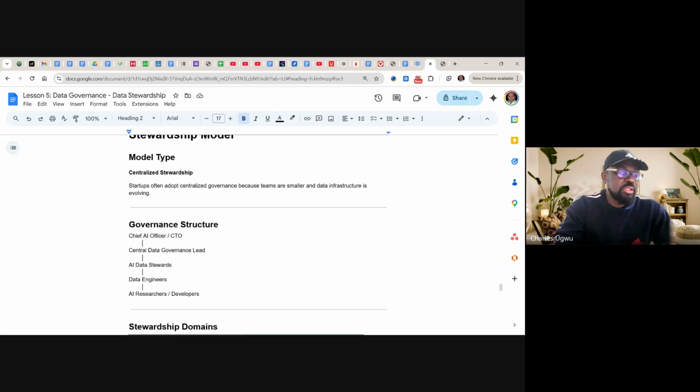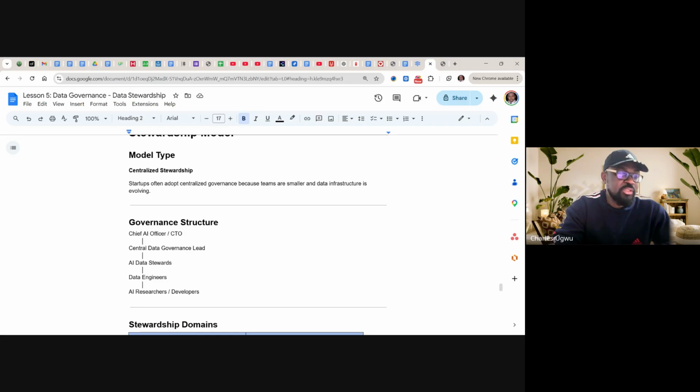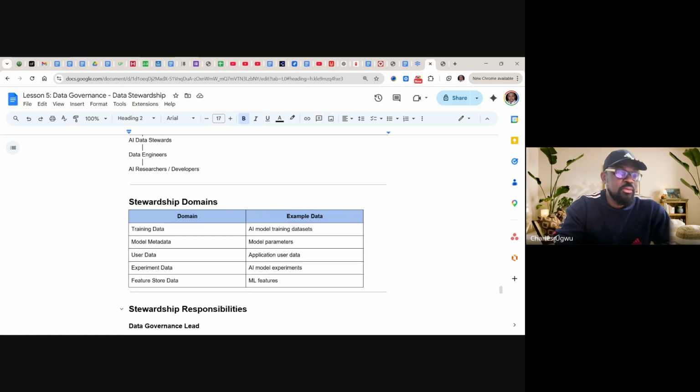And then we have the central data governance lead, the AI data steward, and data engineers, and we'll have AI research and developers, and the stewardship domain, where they should be, the data they are governing and working around: training data for AI model training, datasets, model metadata for model parameters, user data for application, experiment data for AI model experiments, and feature store data for machine learning features.